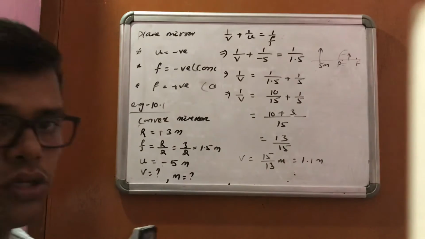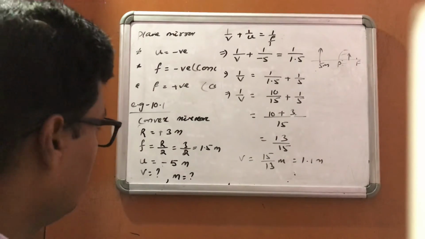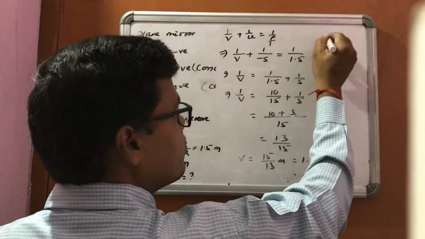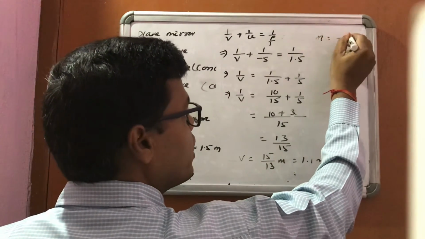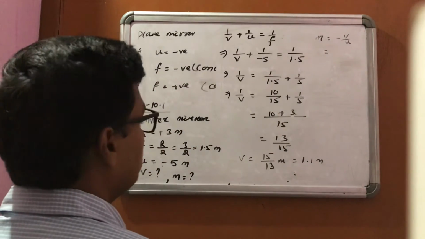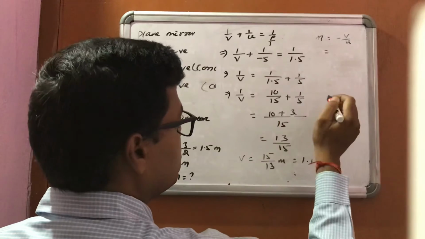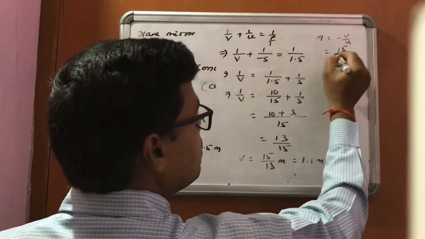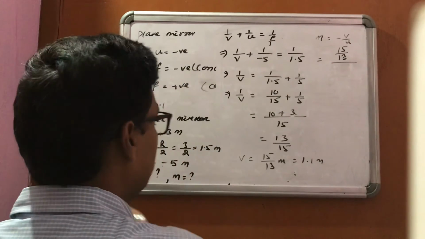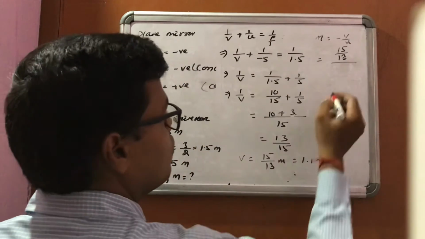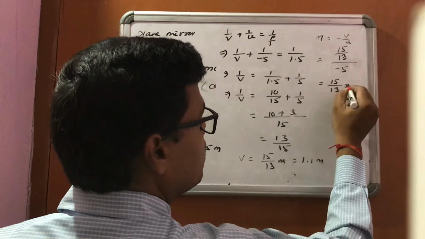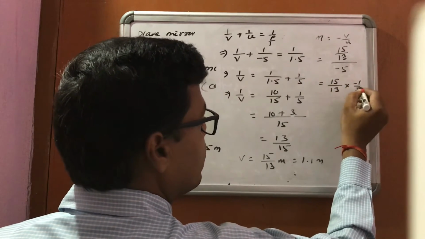So this is the position. Now you have to find the nature. Let us find magnification. Magnification is equal to minus V by U. V is 15 by 13, divided by U, which is minus 5. It is equal to 15 by 13 into minus 1 by 5.